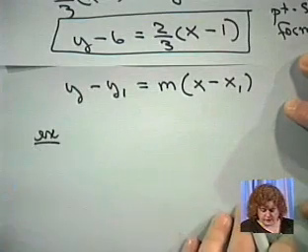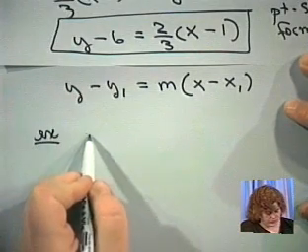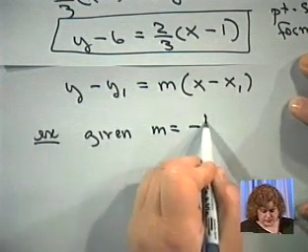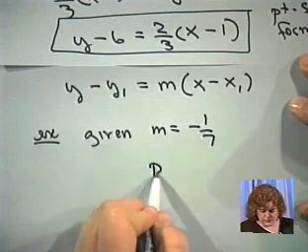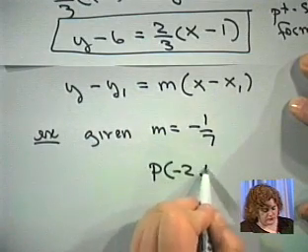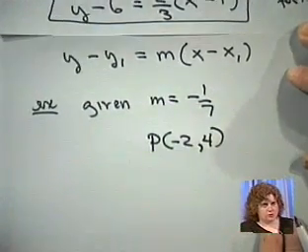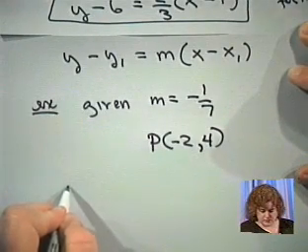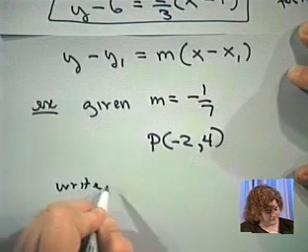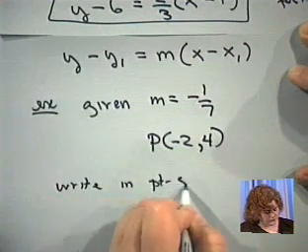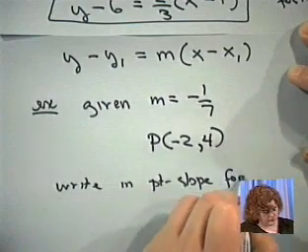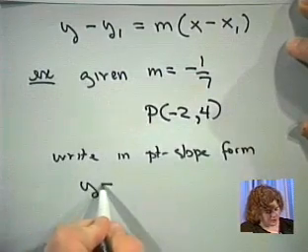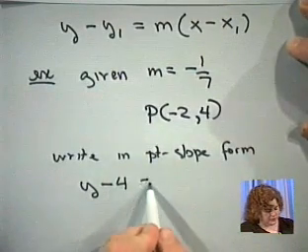Instead of working through the whole thing from the equation for the slope, suppose you're given a slope of negative 1/7 and the point P with coordinates negative 2, 4. What we're going to do is just substitute into this pattern. To write the equation in point-slope form, we'll say, okay, fine, y minus y1, that's the 4, is m.